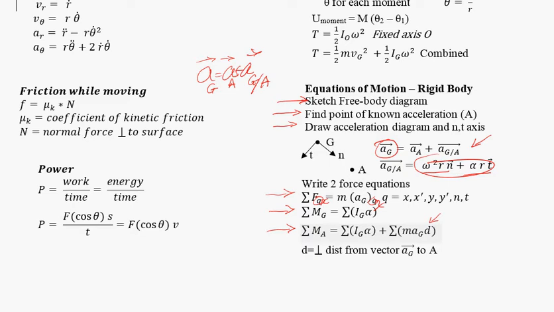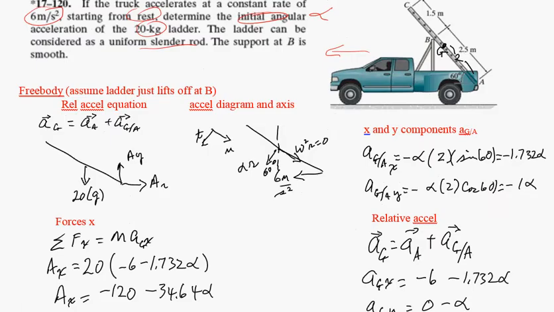So you take these acceleration vectors that you drew right here, and treat them as moments about point A, either clockwise or counterclockwise, where the distance is the perpendicular distance from the vector to A, or from G to A. So those are the steps. Let's go do these steps for this problem.